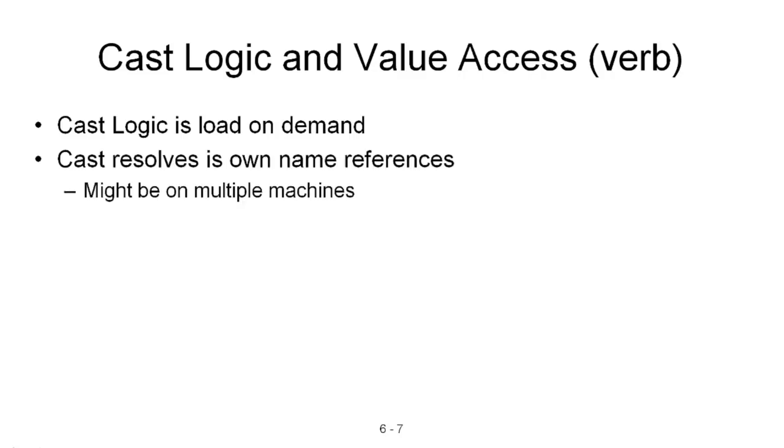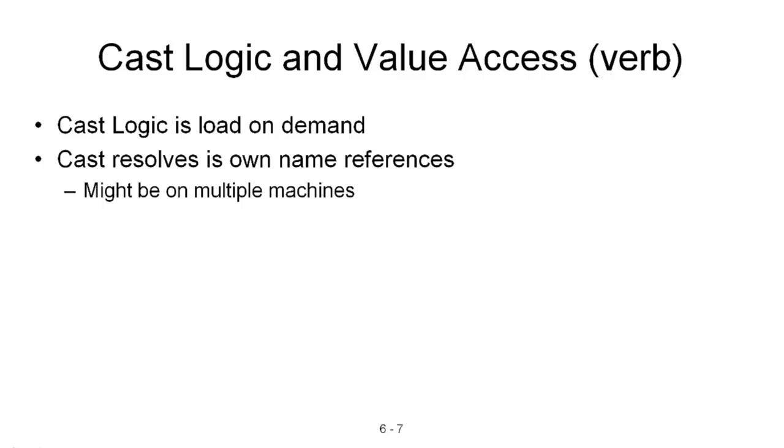And so we have cast logic and value access, which are our verbs. Cast logic is loaded on demand. So when you say employee and you now want his name, then the logic is only loaded when we actually perform that statement, not making an assumption that we need it at any time. And so a cast is a logic module, and it resolves its own name references.